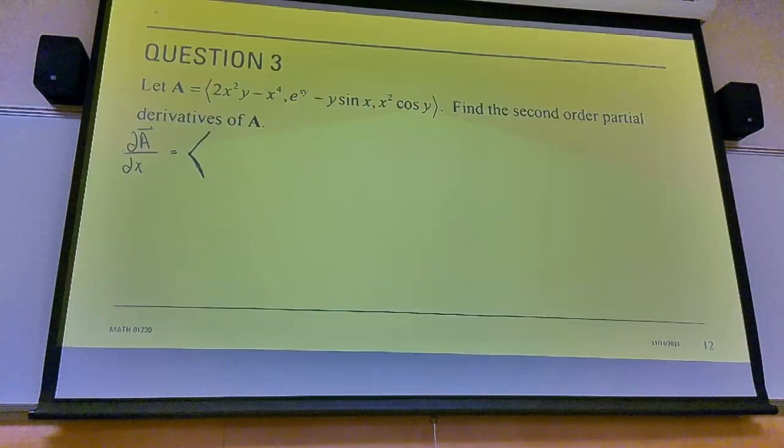How do you think we go about finding a partial derivative of a vector field? Take the partial derivatives of its components. It's just the partial derivative of the component functions, right? What is the first component? 4xy minus 4x cubed.